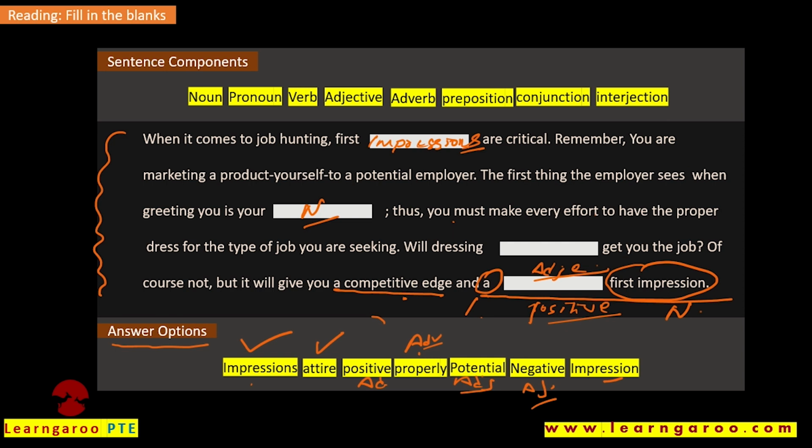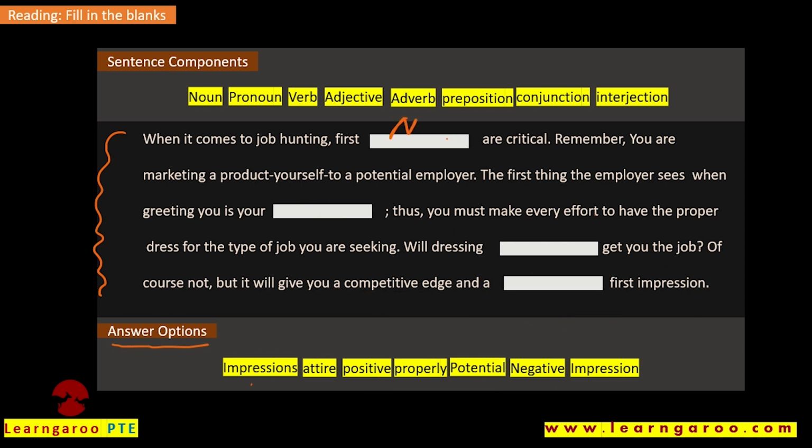So the correct answers are: here a plural noun is missing, here a singular noun is missing, here an adverb is missing, here an adjective is missing. We identified the missing components, and after that we checked our answer options.